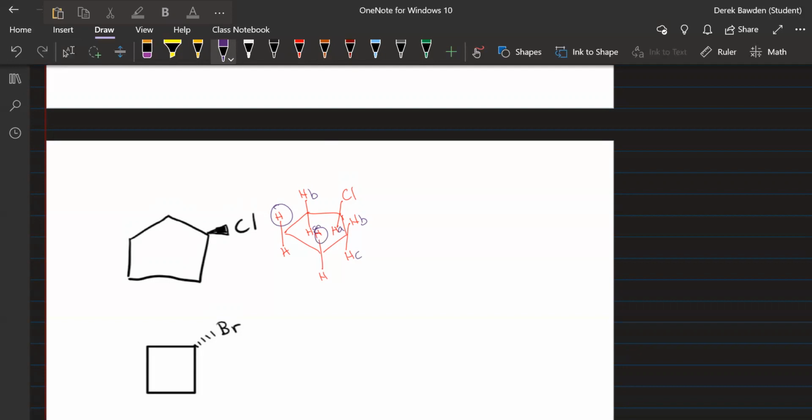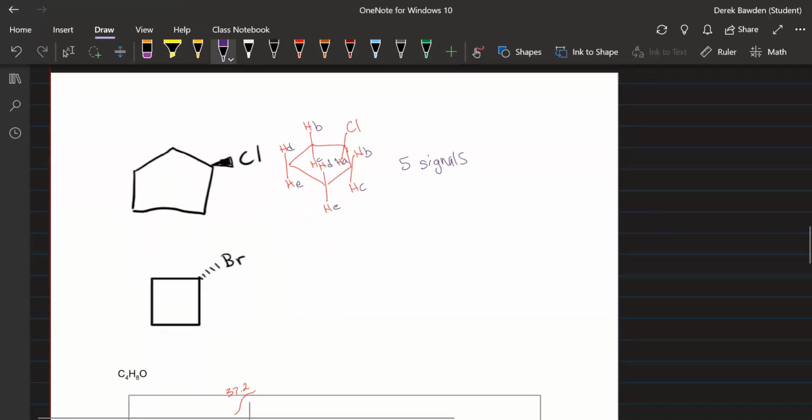They're both facing up in the same direction as the chlorine. No other electronegative atoms pulling on them. So these will be the same as well. Those will be HDs. And the hydrogens down here will be different from all the rest of them. So these will be HEs. So we have a total of 5 signals for this one. We have A, B, C, D, and E.